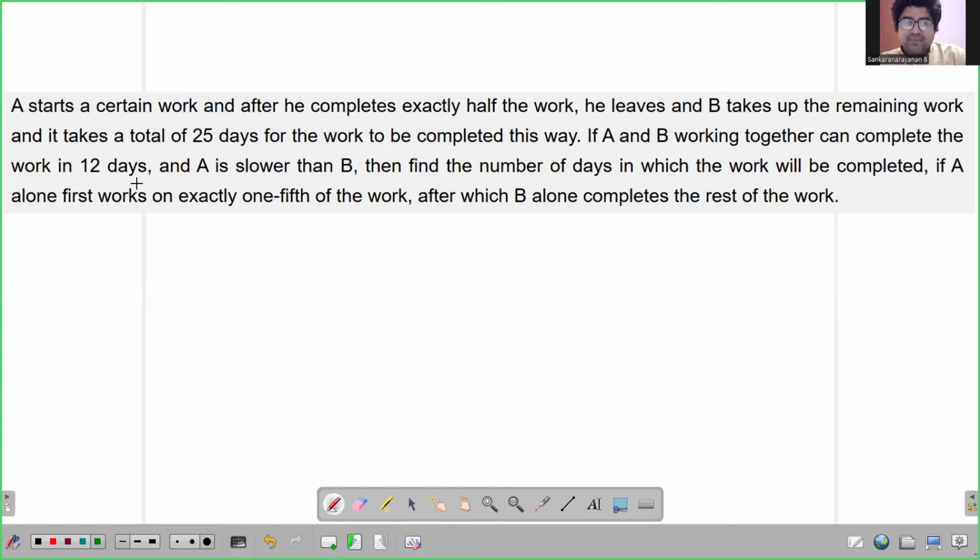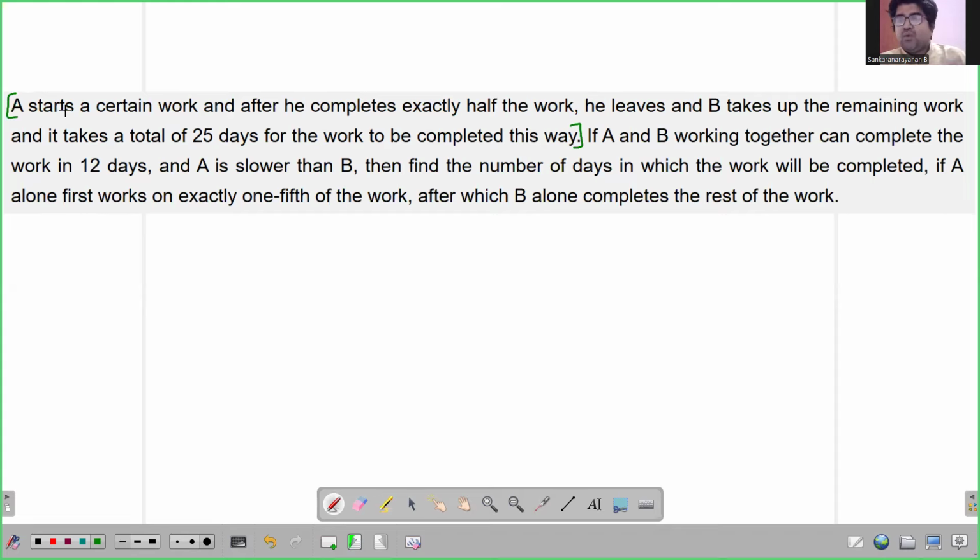Consider the question here. A starts a certain work, and after he completes exactly half the work, he leaves, and B takes up the remaining work, and it takes a total of 25 days for this work to be completed in this way.